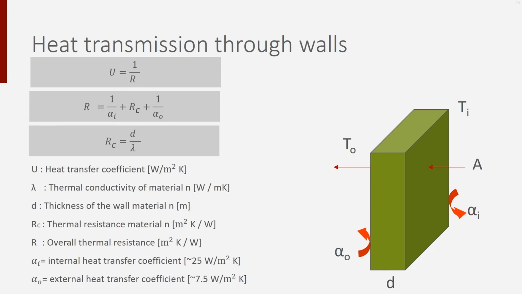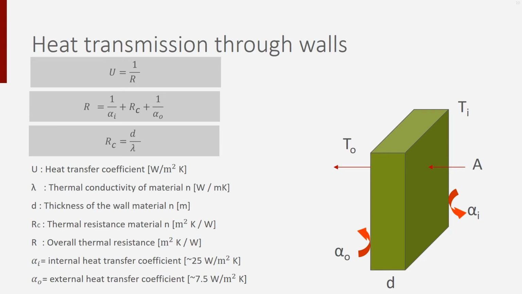This corresponds with an average wind velocity of 5 meters per second and a horizontal flow direction. For simple calculations, you can use these standards all over the year. But please note that the resistance is always expressed in square meter Kelvin per watt, while the heat transfer coefficient is in watt per square meter Kelvin.